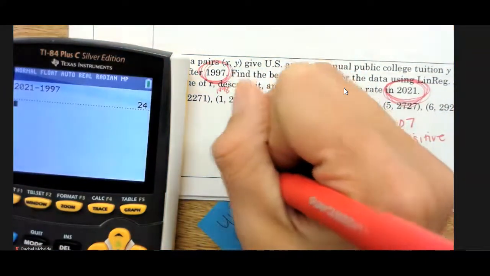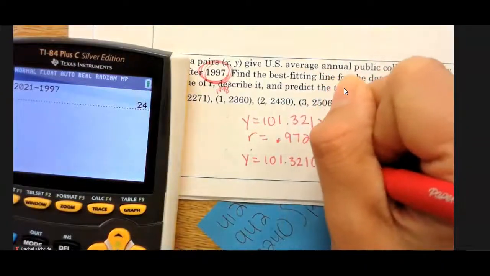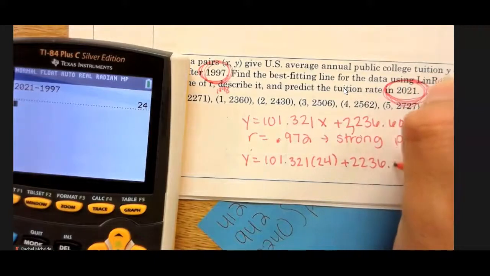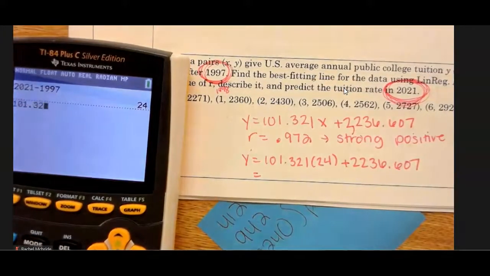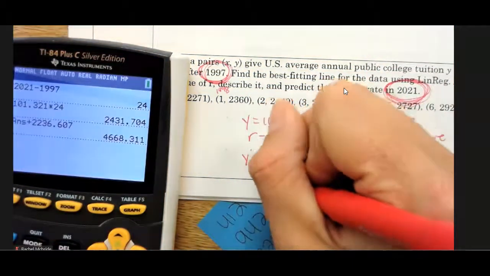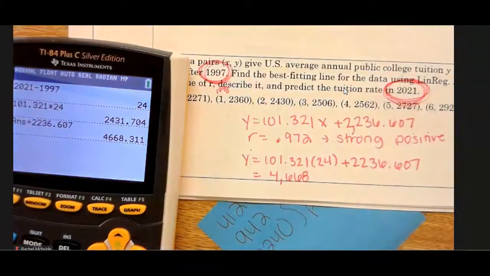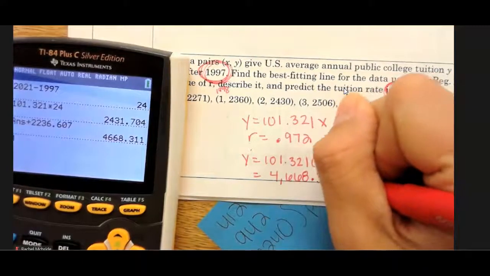So it's Y equals 101.321 times 24 plus 2236.607. Which is 4,668.311.